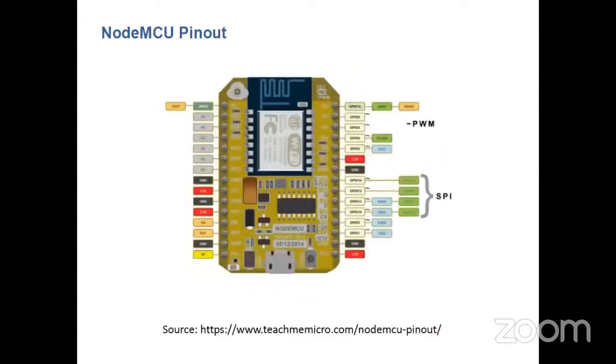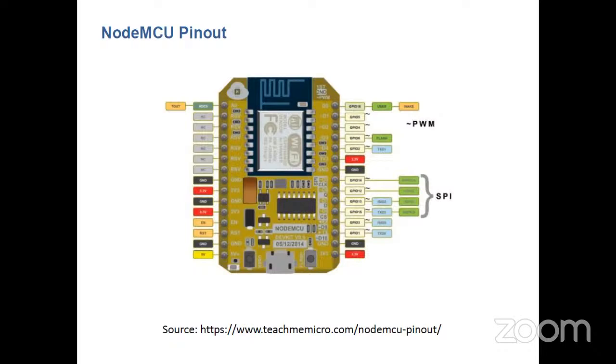Now there are different versions of NodeMCU available: version 1, version 2, version 3. As I mentioned in the first slide, NodeMCU is open source. Therefore the connections and the drawings are all present online, and anyone can create the board themselves using those.